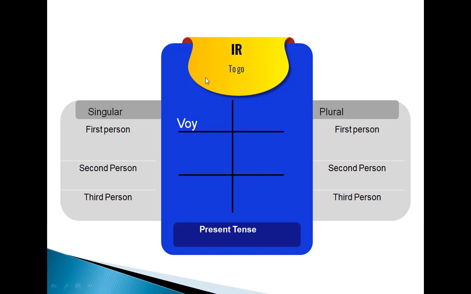So if I want to say I go, it's voy. You go, vas. He goes, she goes, you go, va. We go, vamos. Now this word even means let's go.